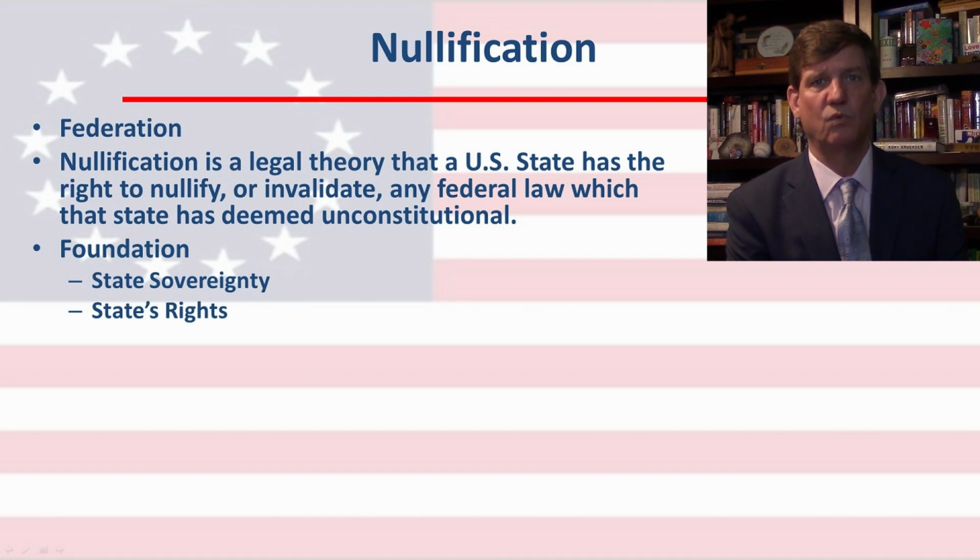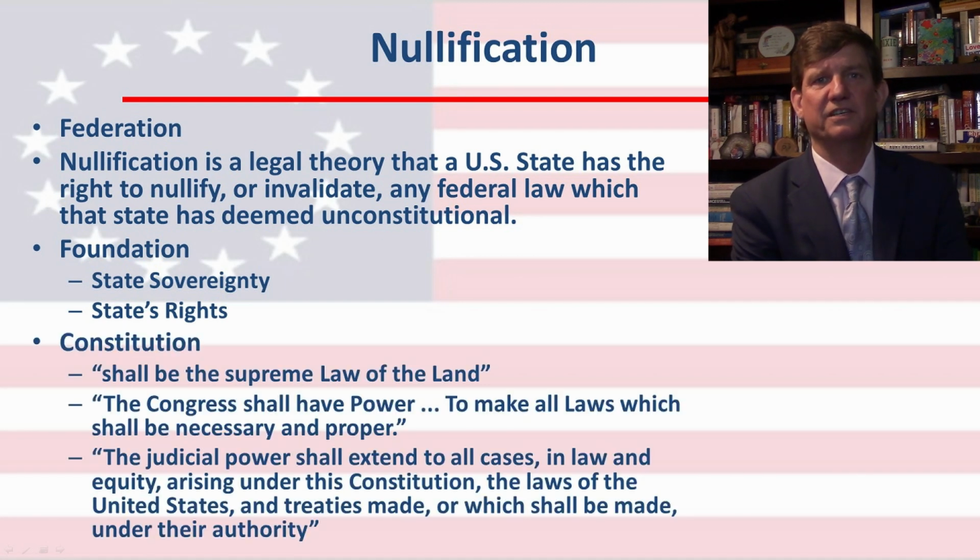That was the actual words in the Articles of Confederation. And even though the United States transformed from a confederation to a federation, states still asserted their right to sovereignty. This was all in the name of states' rights, that states had rights that the federal government could not violate.